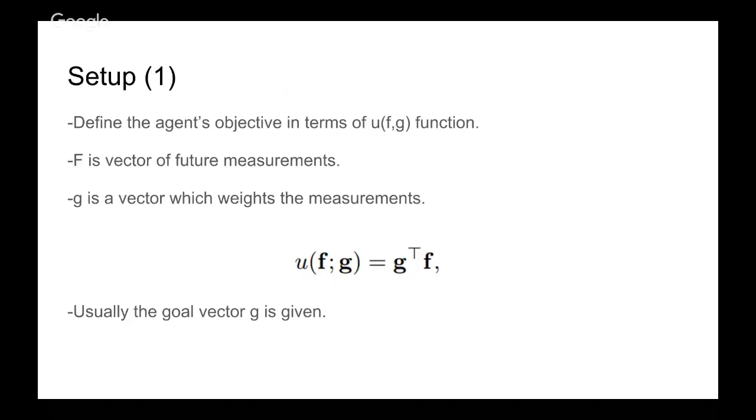And in everything in the paper, the goal vector is given, and this overall objective function u is just the dot product of the goal vector with the measurement vector. Just to give a really simple example of this, if you care about both health and ammunition, then your goal vector is just 1, 1. And then the measurements would be the actual health value and then the ammo value, which I think is pretty reasonable.